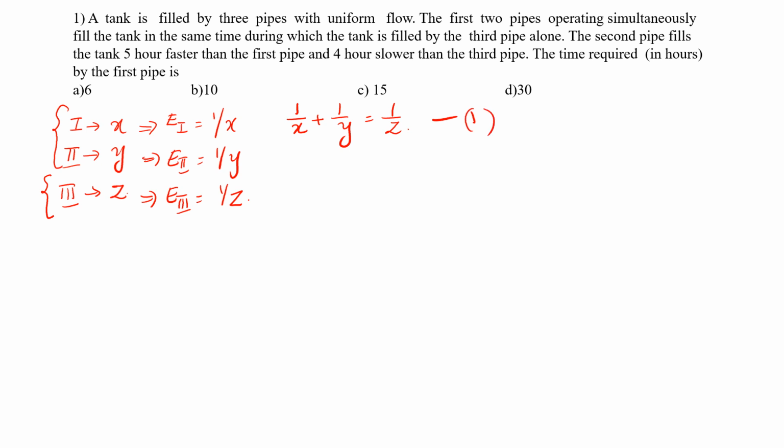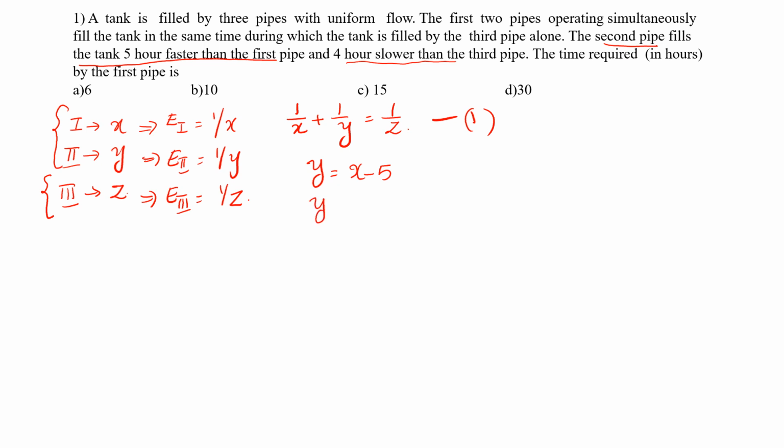Now it is said that the second pipe fills the tank 5 hours faster than the first pipe. That is, second pipe is 5 hours faster, means it takes 5 hours less than the first pipe. That is, y is 5 hours less than x. And the second pipe is also 4 hours slower than the third pipe. That means it takes 4 hours more than the third pipe.